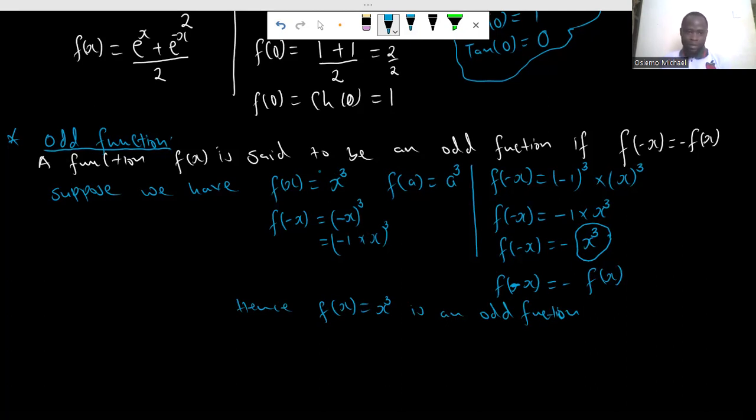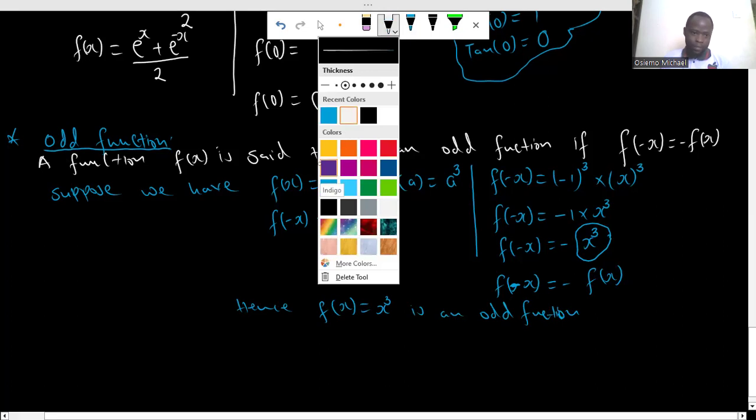Now, in relation to hyperbolic functions, let us look at the sine hyperbolic of x.